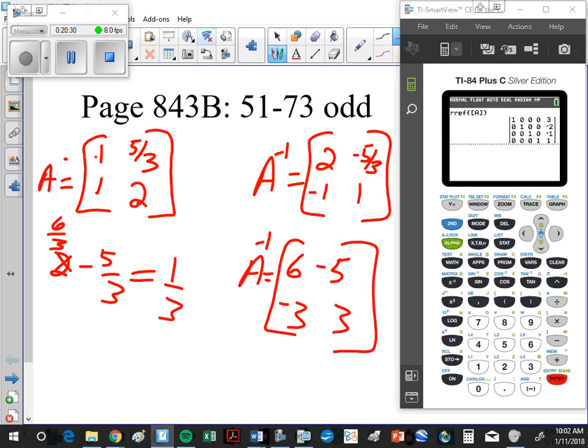I would need to set up a 9 by 10 matrix and put in all the coefficients, and then I would need to do RREF, and I would get A through J, and then I would plug those back in and look for a pattern, and then you realize there isn't one that makes any sense. So the only way to find the inverse of a 3 by 3 is to do that system, a 9 by 10 system, or we're just going to ask the calculator, hey, what's the inverse?